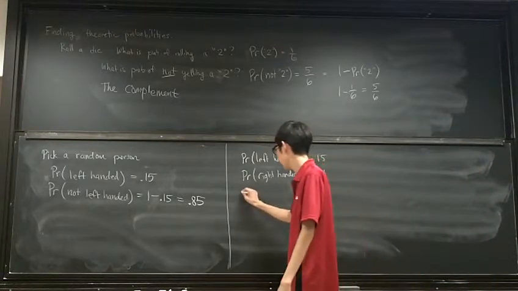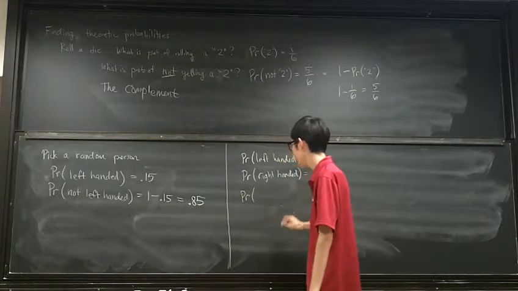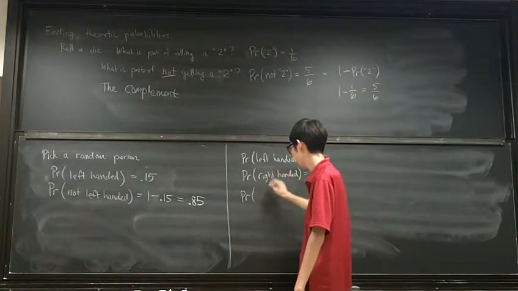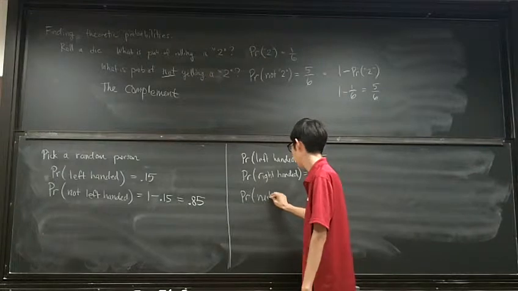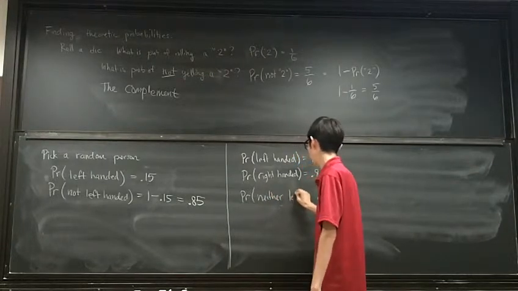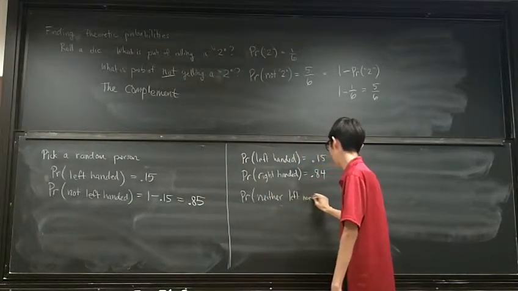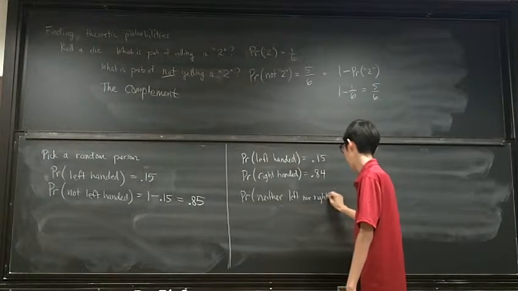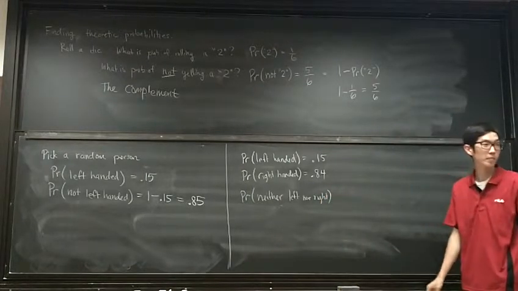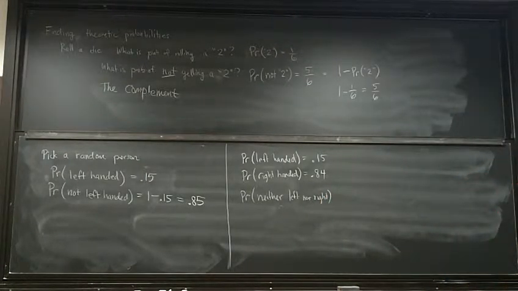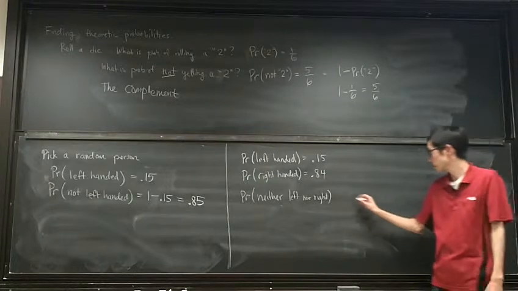So what is left? What's the probability of neither left nor right-handed? What percentage is left? 0.01.